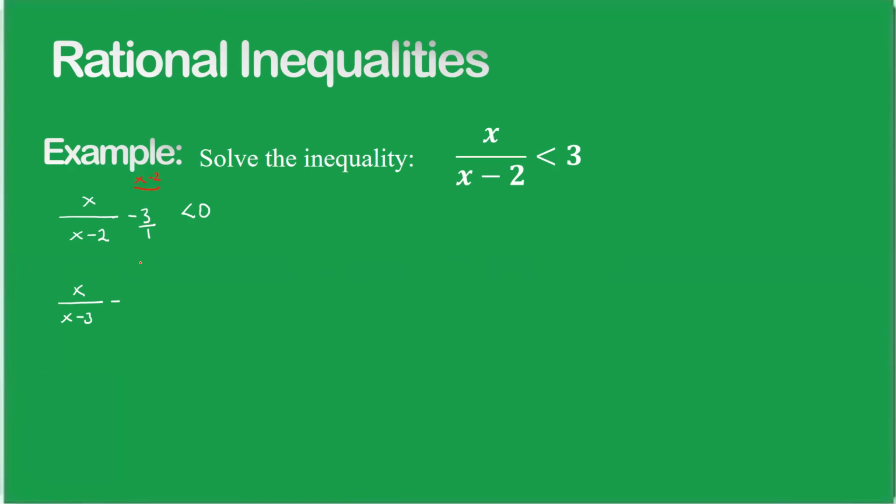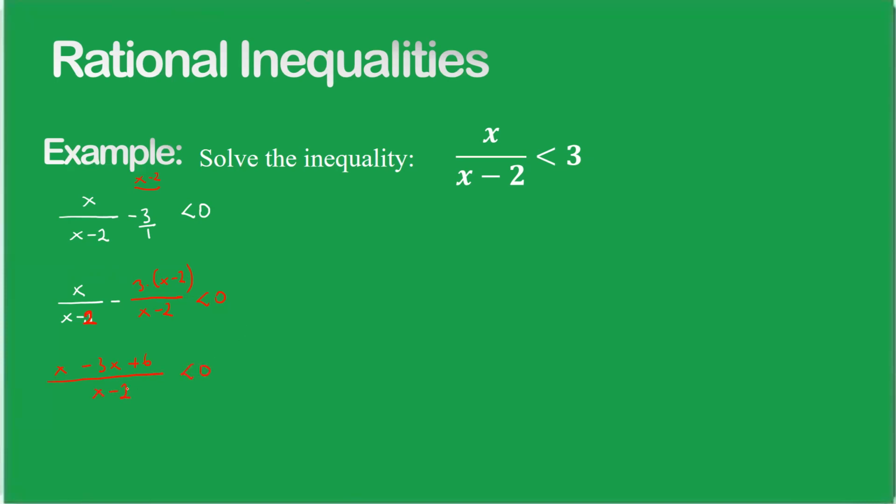The numerator and denominator, so it becomes 3 times x minus 2 over x minus 2, less than 0. Then let's do that. So x, minus 3 times x is minus 3x, and minus 3 times minus 2 is plus 6, over x minus 2, less than 0.